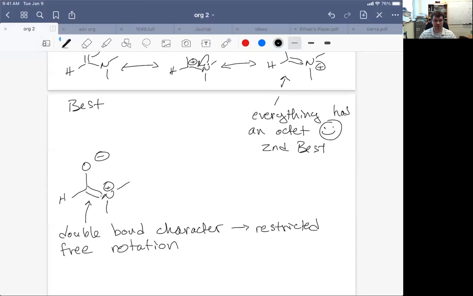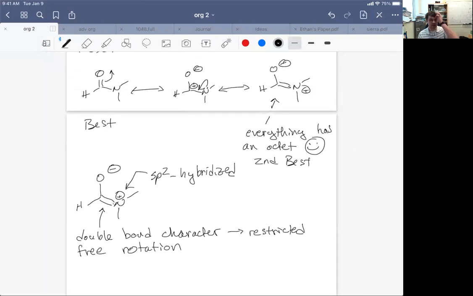Now, in this case, we see an increased barrier to the free rotation over that carbon-nitrogen bonded system. And we can account for that by looking at a resonance structure where we see double bond character between the carbon and the nitrogen. Additionally, what I want to point out about the nitrogen is that the nitrogen actually is sp2 hybridized. And we could see that from this resonance structure, even though in the original structure, we have a lone pair attached to three other things. So it starts to look sp3-like.